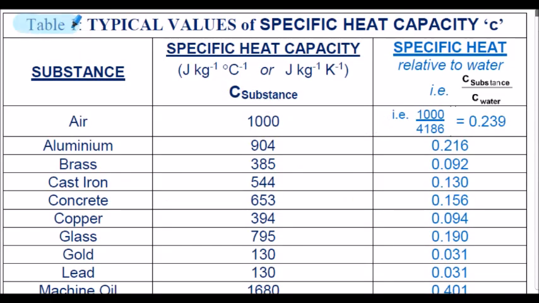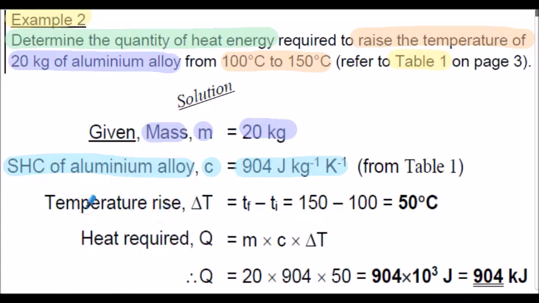Here's our table 1 extract. For aluminium, the specific heat capacity here, 904 joules per kilogram per K. And the temperature rise in this particular case of the aluminium alloy mass, labelled delta T, is the final temperature minus the initial temperature. So that's 150 degrees minus 100 degrees.